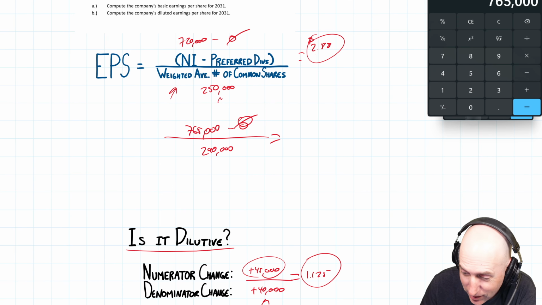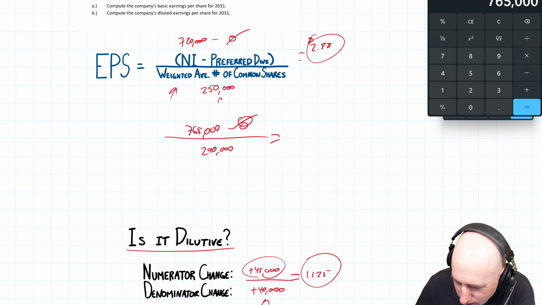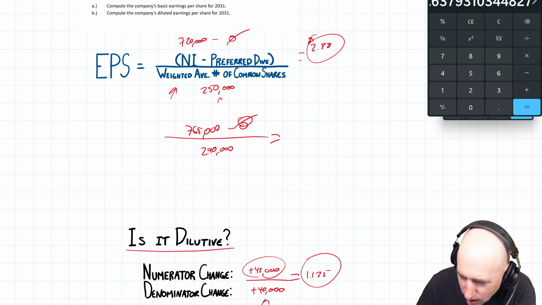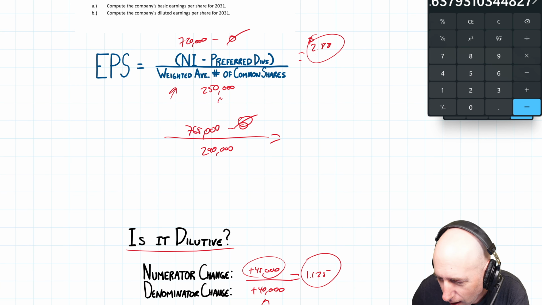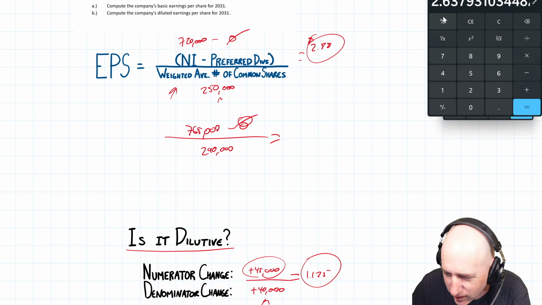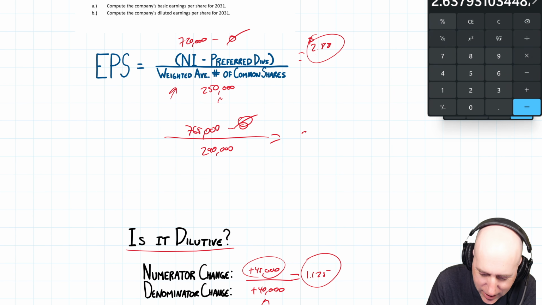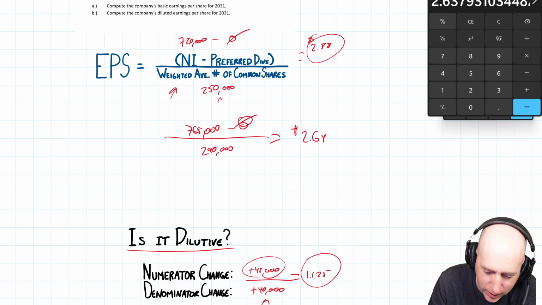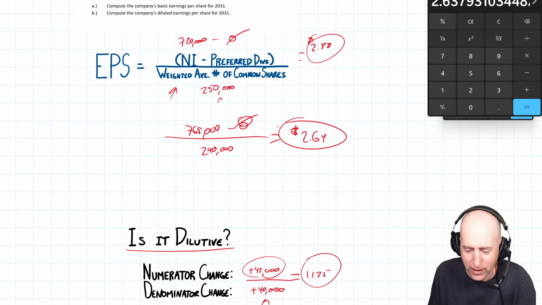765, my calculator really did something crazy, divided by 290 is, I can't even see the number. Can you see the number? This is the weirdest thing that's ever happened in the history of calculators. 2.64. Okay, 2.64. Thank the Lord I could find it there. I do have to adjust something.